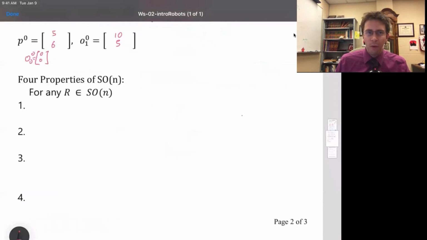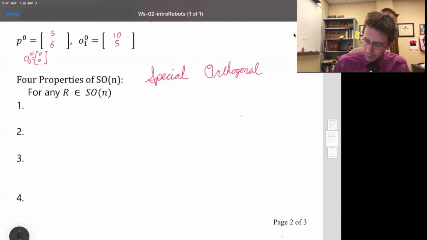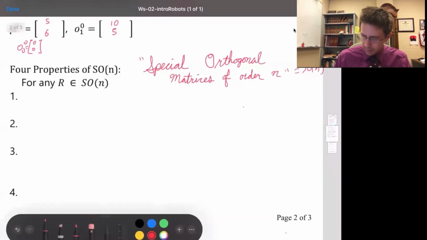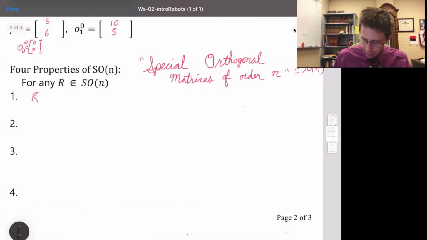Now we have 4 beautiful properties for special orthogonal matrices of order n. I think special deserves some script. If we say that R is in SOn, that means, first off, that the transpose RT is equal to the inverse for any matrix in SOn.